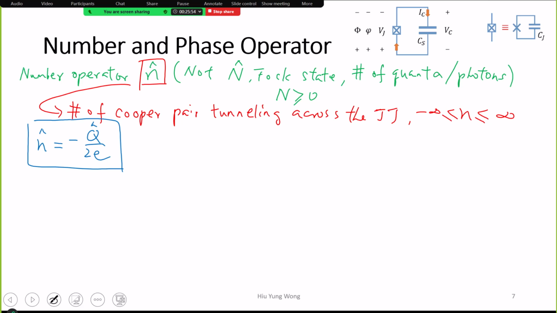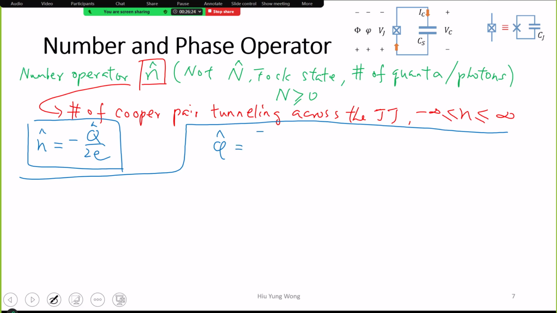So you can guess now, n probably is the generalized momentum of the conjugate pair, if I want to call it generalized momentum, right? So there will be another quantity, of course, that is phi. This is the phase of the Josephson junction, right? So what is the phase?